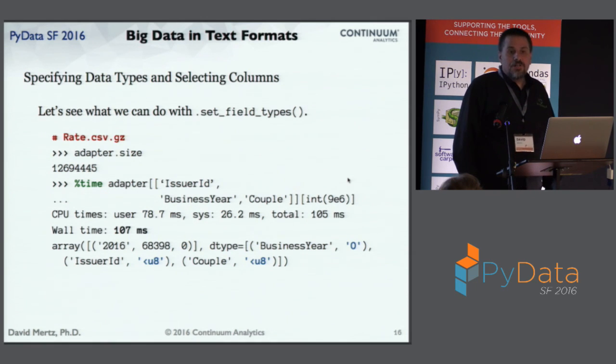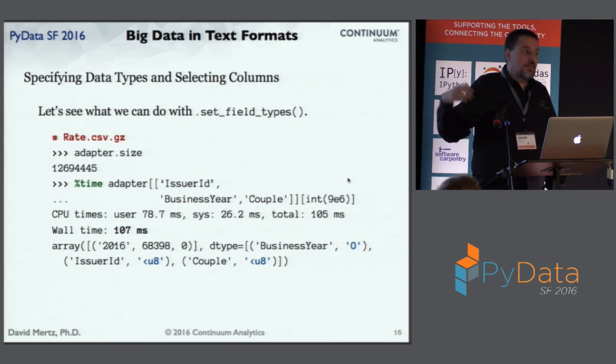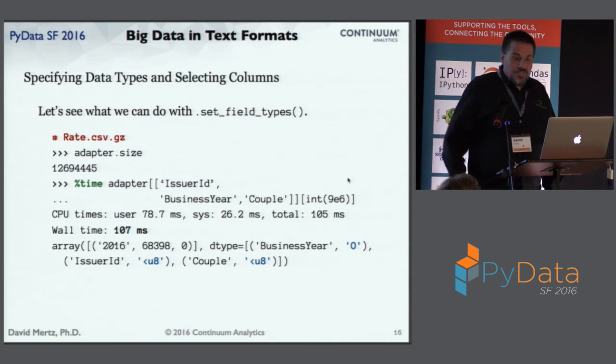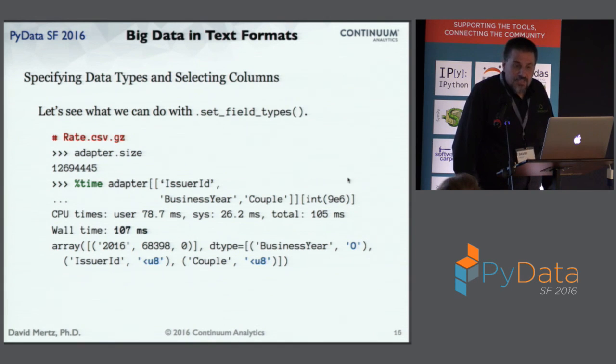This rate is the big one. This is the one with 13 million rows. So the timing is maybe a little bit interesting. You can use, in the adapter object, the pandas style of indexing, where you present a list of different columns that you're interested in looking at. So this is going to pull row, I guess in this case it's row 9 million rather than 10 million.